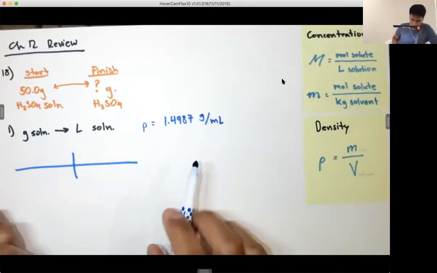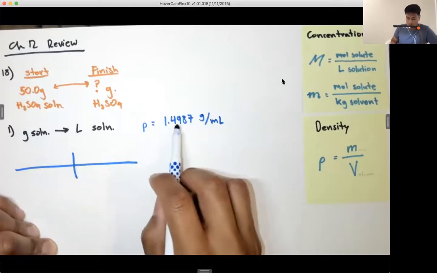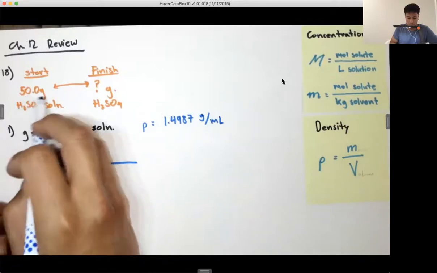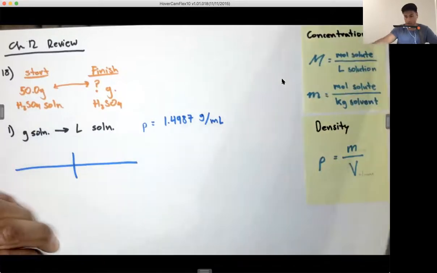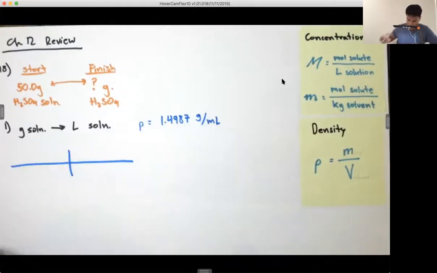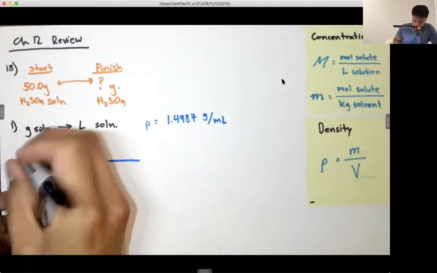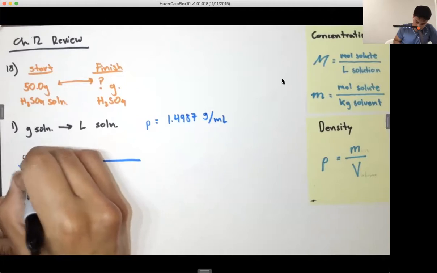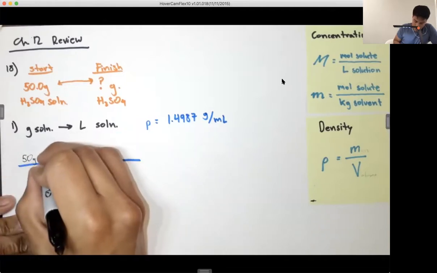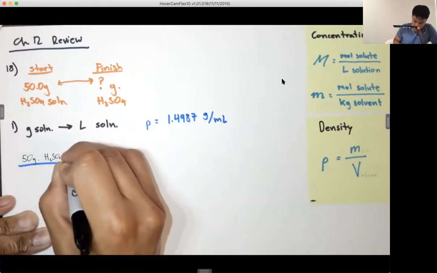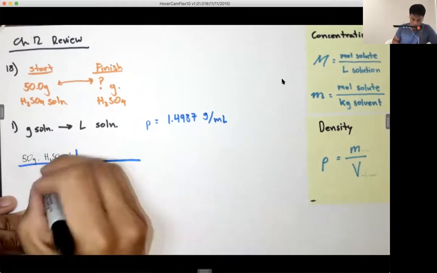If we have 1.4987 grams per milliliter, let's start with what we start with, which is the 50 grams of H2SO4 solution over 1.